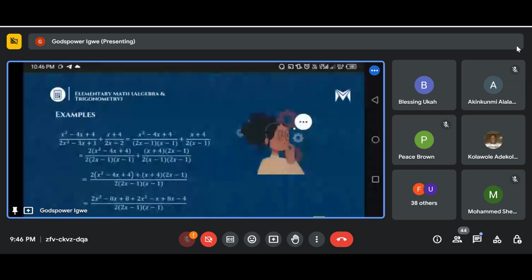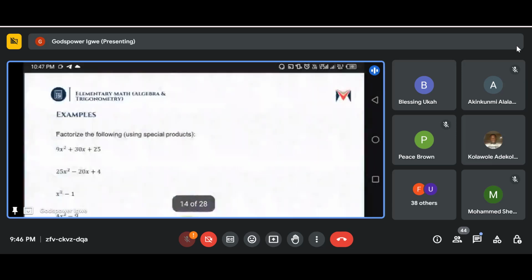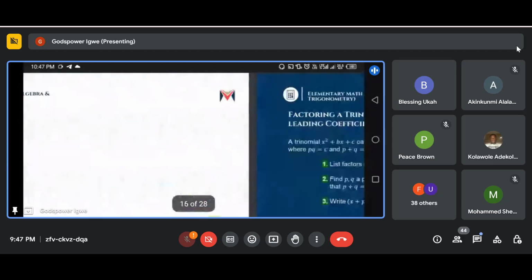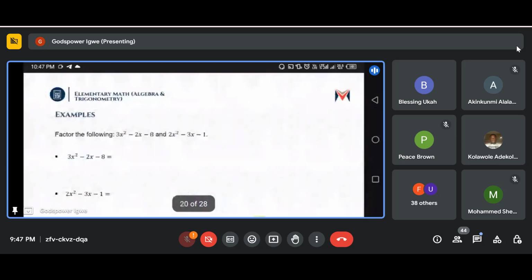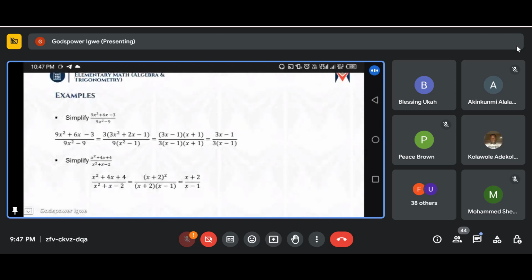Just memorize the answer. As I am now, I don't need to solve many things. If I see some answers that look alike, I memorize them. Like this particular one, 3x minus 1, then 3 bracket x minus 1. It's simple, we will know it. This other one, x plus 2, x minus 1, we will know it.